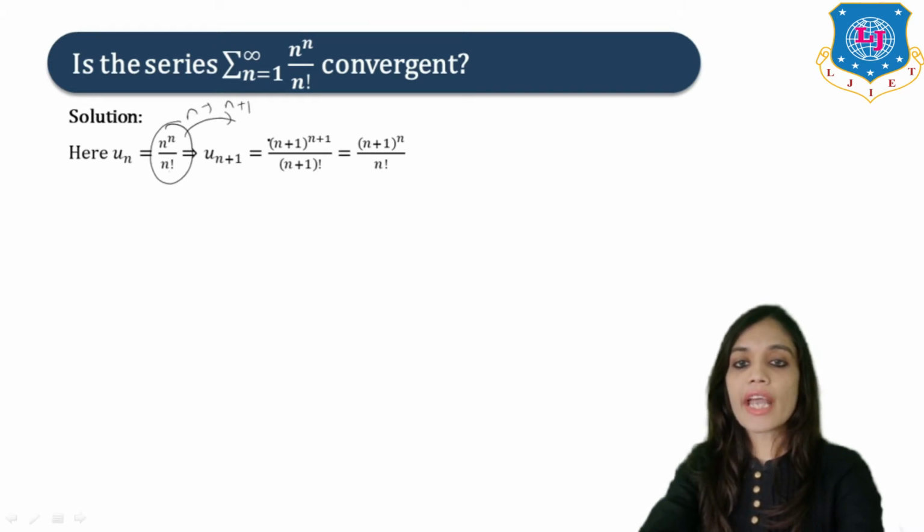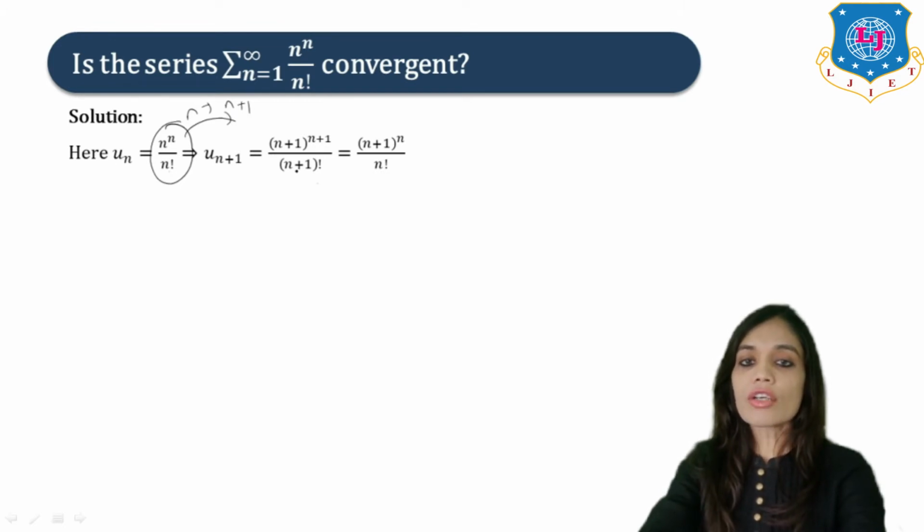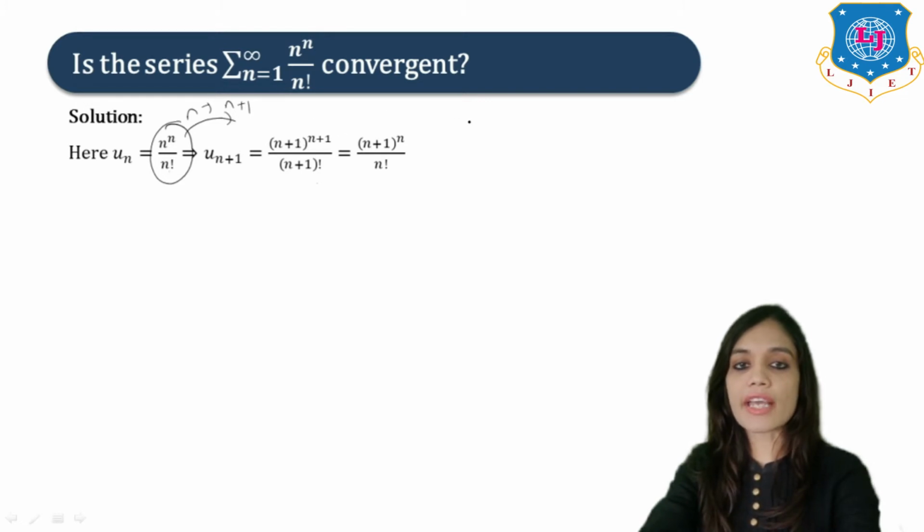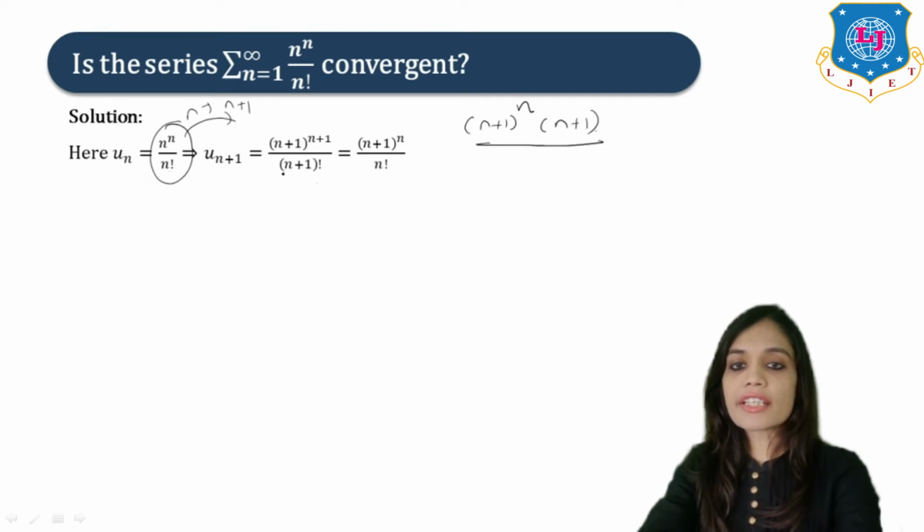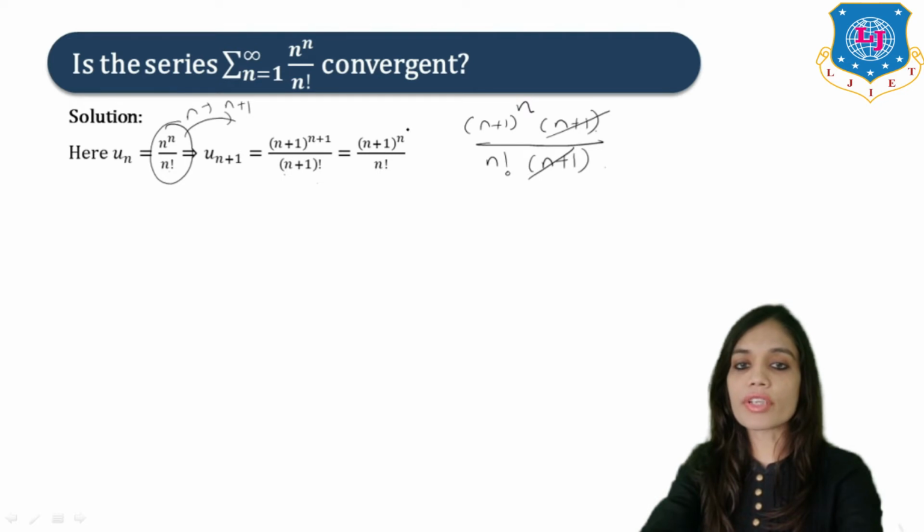So you will get n plus 1 raised to n plus 1 upon n plus 1 factorial, right? You can simplify this as n plus 1 raised to n into n plus 1 upon n factorial into n plus 1. So these two get cancelled out. So finally what remains? n plus 1 raised to n upon n factorial.